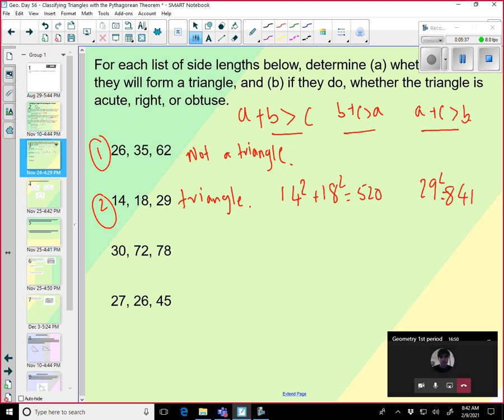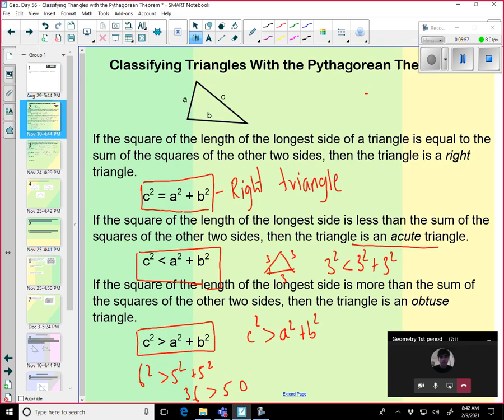So from the previous slide, we know that if A square plus B square is less than C square, then it is an acute triangle. That's what we saw in the previous slide, right?